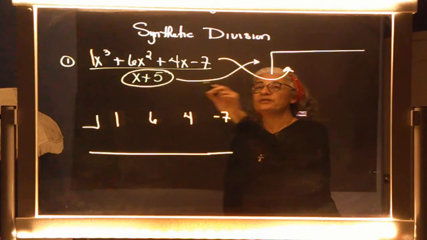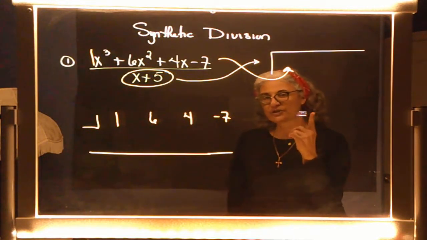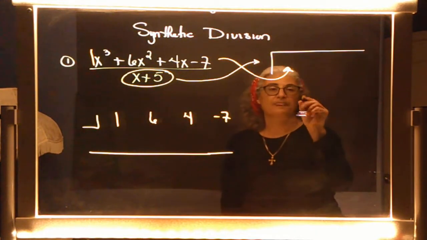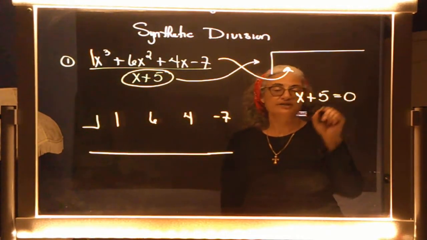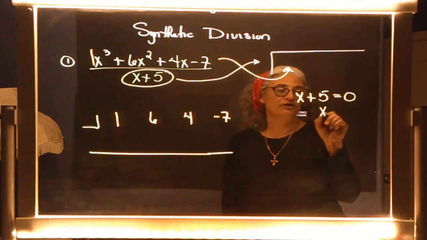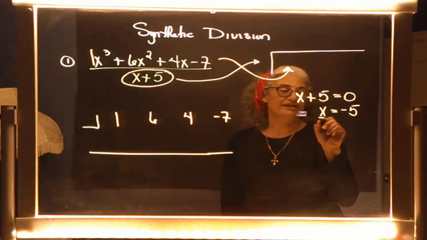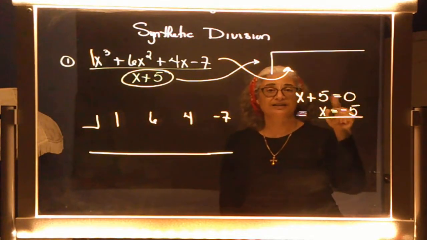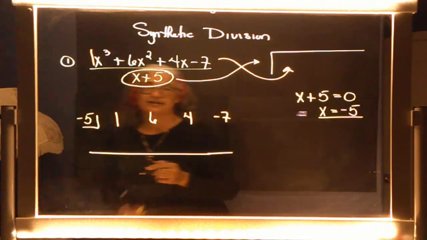When I'm trying to put the x plus 5 on the outside, I'm going to take care of two birds with one stone, so to speak. I'm going to take x plus 5, and I'm going to set it equal to 0, and I'm going to solve for x, which gives me negative 5. X would be equal to negative 5 in this case, which is what's going on the outside, is the -5.